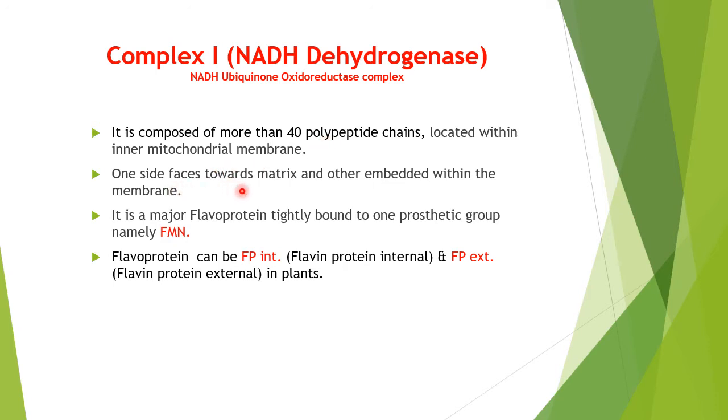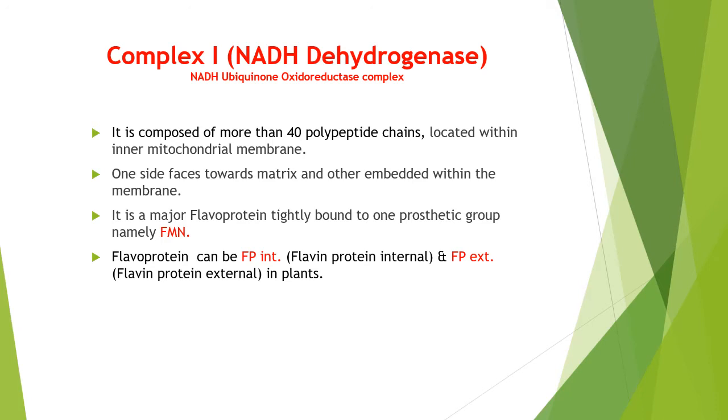One side faces towards the matrix and the other is embedded within the membrane. It's a major flavoprotein tightly bound to one prosthetic group, namely FMN. The flavoprotein can be internal, or it can be external, which is mostly present in the case of plants.